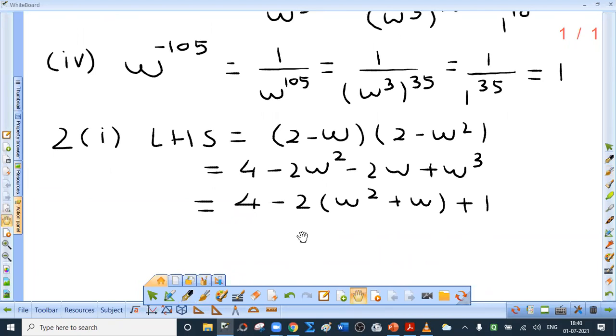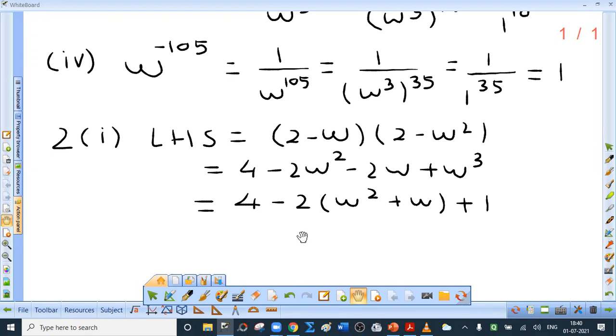Now, second question. If omega is a complex cube root of unity, then show that the first part. Begin with LHS. If you ask the reason for this, I'll say common sense. How can you start with 7 and obtain LHS? One can just begin with LHS, obtain RHS, and consider the steps, last step first, in the reverse order. Now, LHS is 2 minus omega, 2 minus omega square.